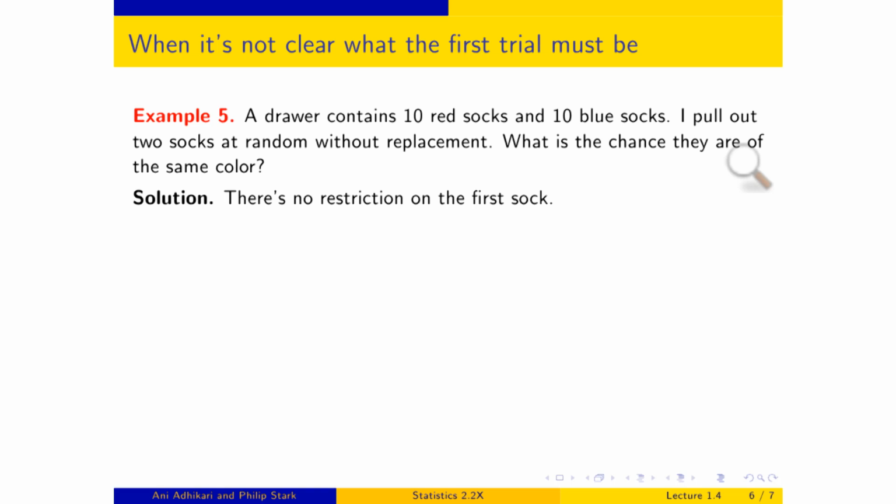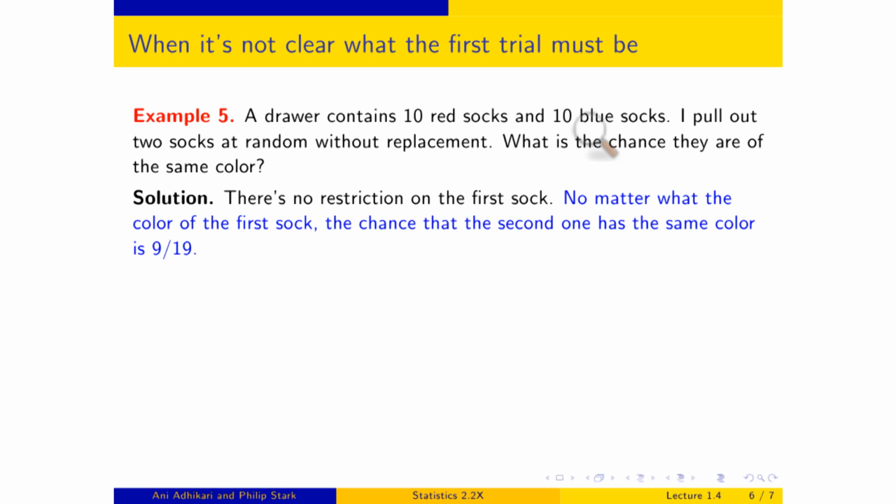And then the second one has to be the same color as the first one that I drew. And because there are the same number red and blue, no matter which color I drew the first time, the second time there are 19 socks left in the drawer, and there are only 9 of the color that I drew the first time.